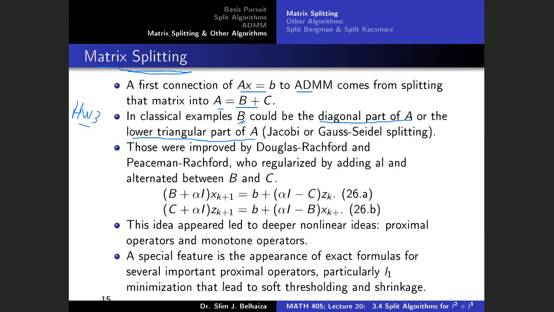Yes, Doctor, could you please explain this point again? The classical example. Yeah, my pleasure. So in the classical example, we use the diagonal part. Can I take the whiteboard, guys? Yes, why not?